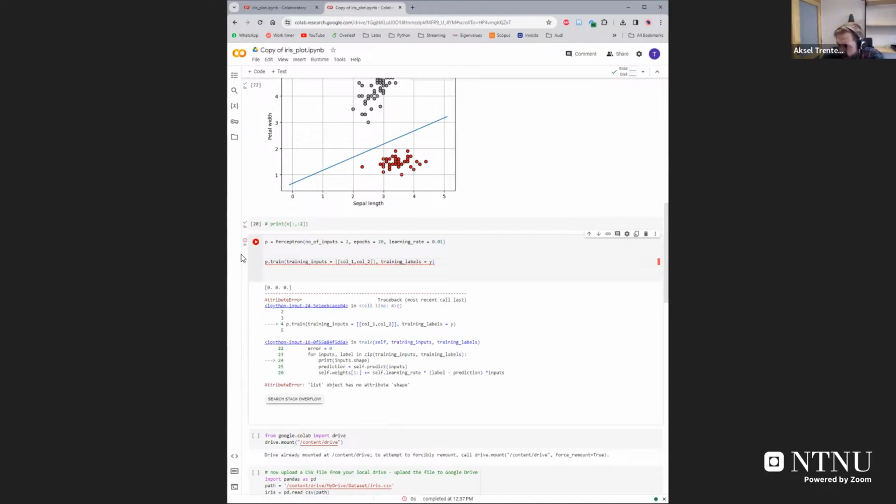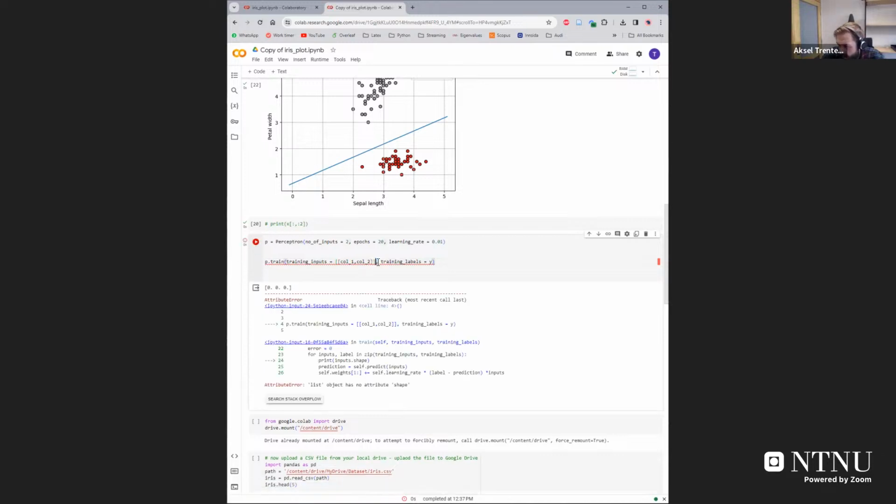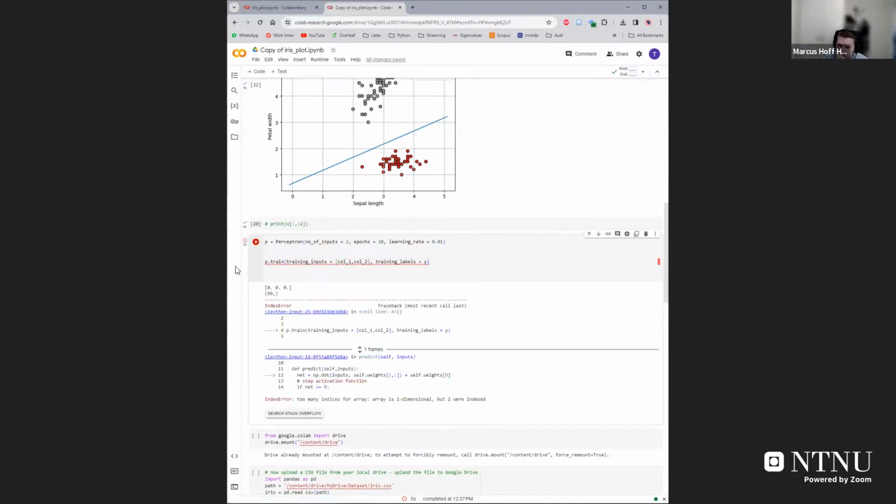The training for epochs, for inputs and labels in training inputs, then it takes the first element, sends it to prediction.